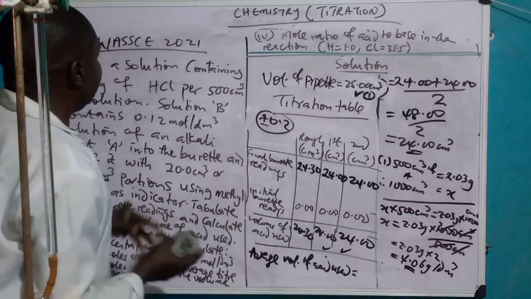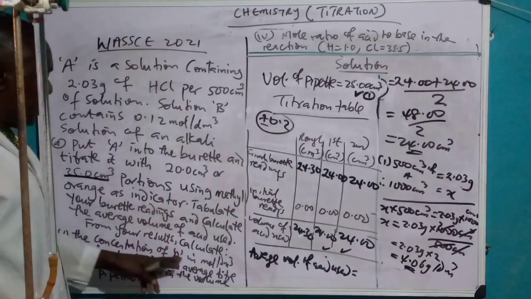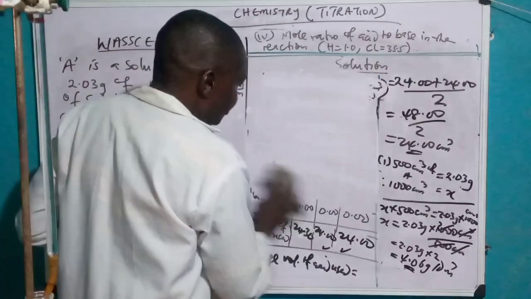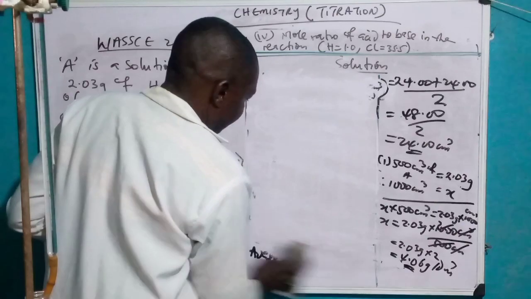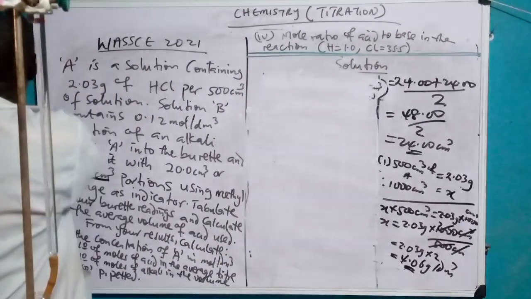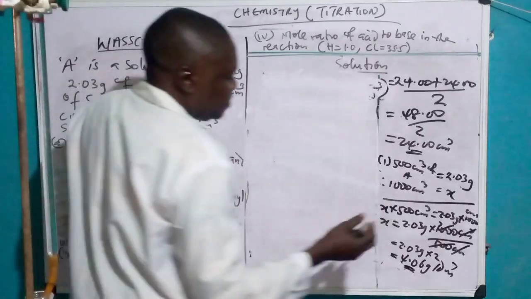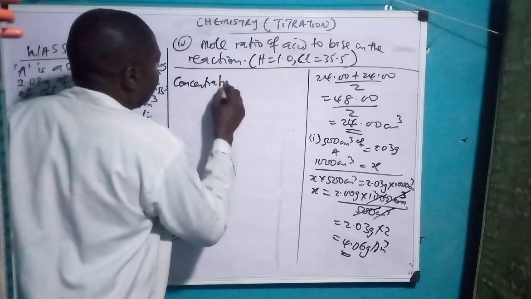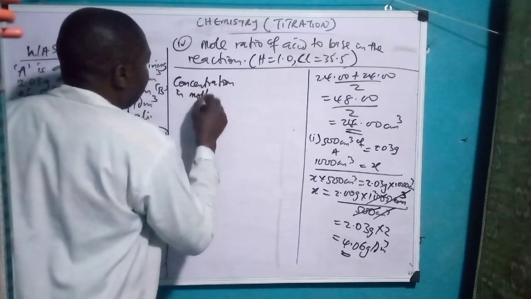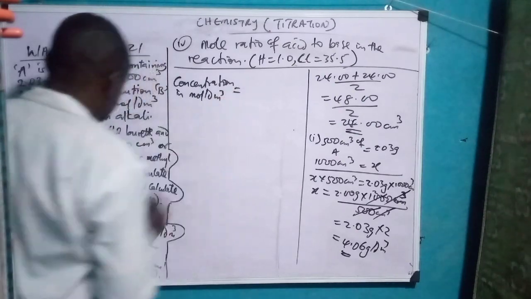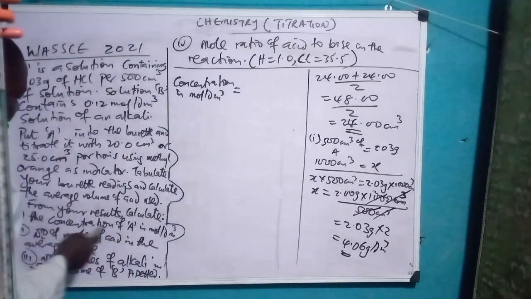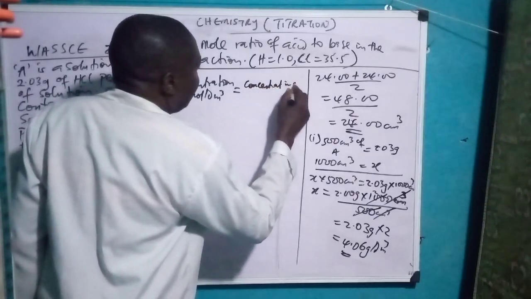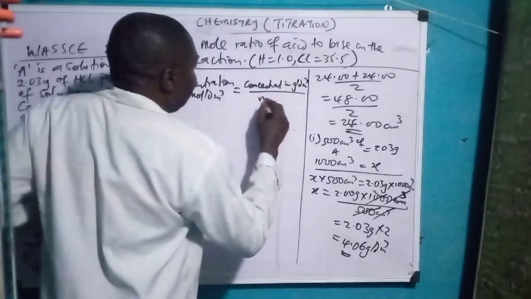The next thing is the question says calculate the concentration of A in mole per dm³. So we are going to clean this side so that we can have enough space to use. So you say concentration in moles per dm³ equals concentration in gram per dm³ over molar mass.